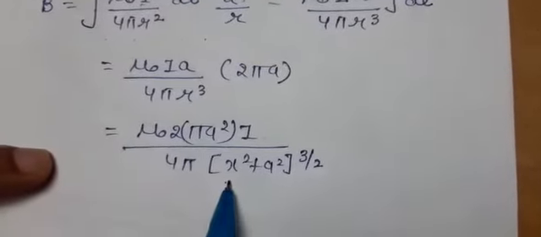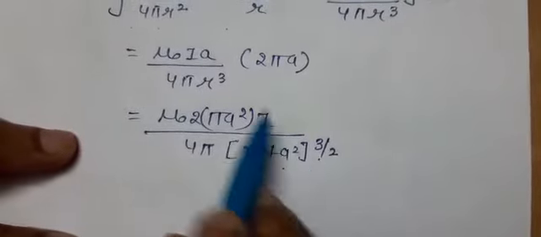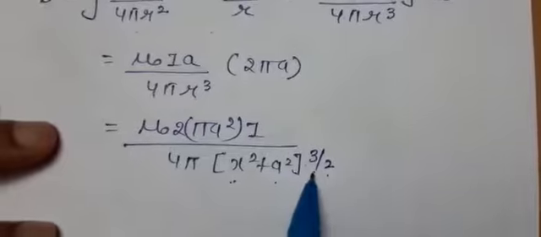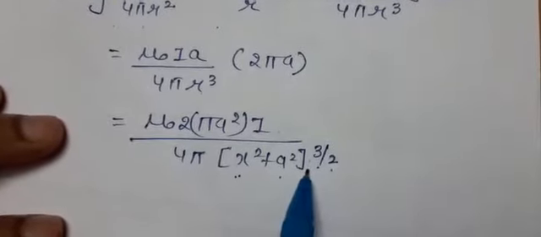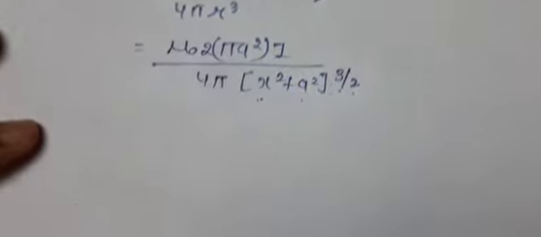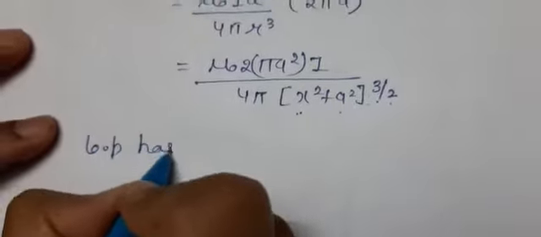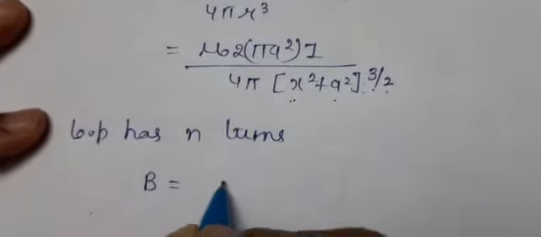R is the square root of x square plus a square; the root is replaced by the 1 by 2 power, and since it is cubed, it will be 3 by 2. Right? Now, this is the result for a loop consisting of only a single turn. But if the loop has n turns, how can we generalize the result?